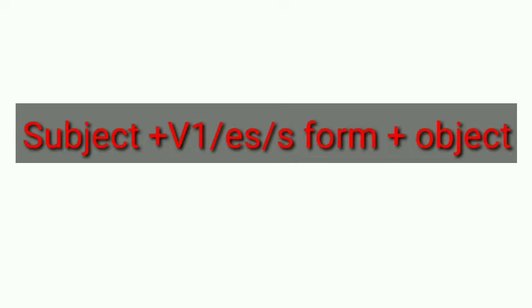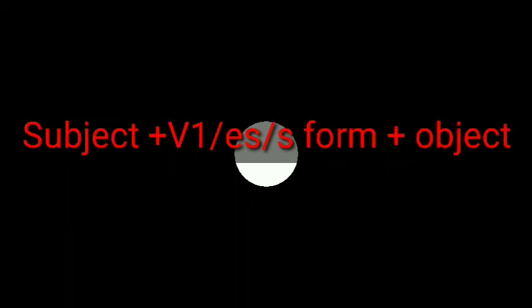So you can attach s or es form to the main verb. After that we use object. Students, try to understand this structure: subject plus V1, s/es form, plus object. Here students, don't forget these constructions. These constructions will help you to make simple present sentences.